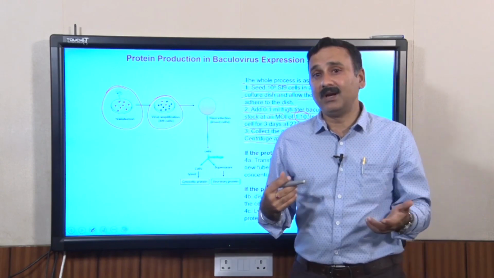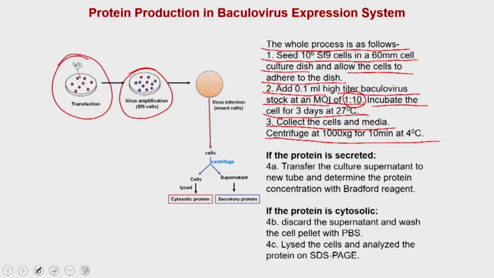If the protein is secretory in nature, which means the protein is going to be present in the cell culture supernatant, you transfer the culture supernatant to a new tube and determine the protein concentration with a Bradford reagent. That means if your protein is secretory in nature, you can just collect the culture supernatant and estimate the amount of protein present.